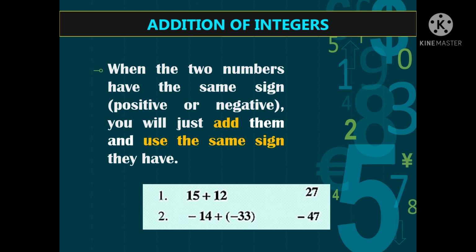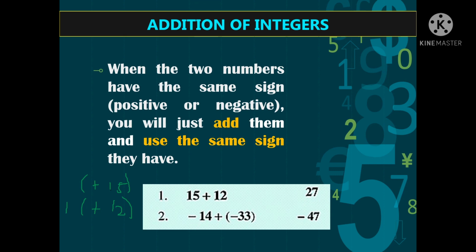So let me illustrate. 15 doesn't have any negative sign beside it, so it is understood that 15 is positive. So positive 15 plus 12, which is also positive. Positive 12.